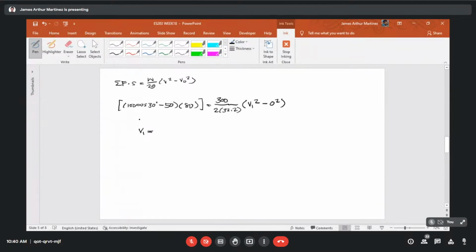So V1 is just 25.072. Or you can simply solve this by shift solve on the calculator.